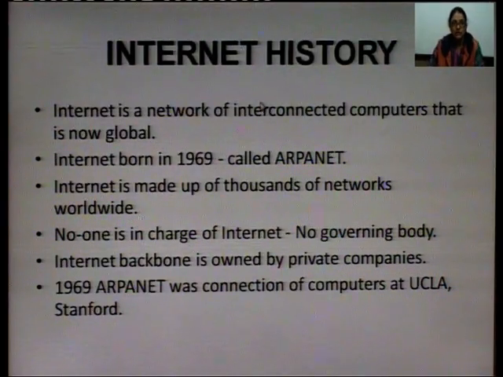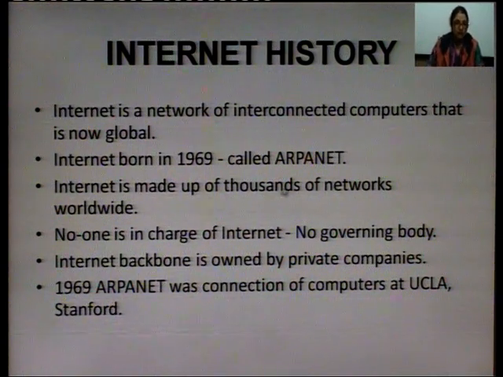Let's go through the internet history. What is the brief history about the discovery of the internet? Internet is basically a network of interconnected computers that is now global. Internet was born in 1969, which was named as ARPANET.